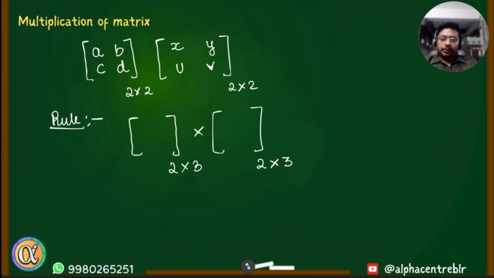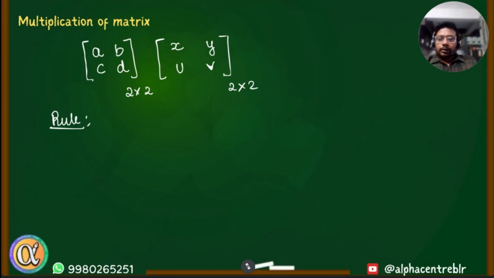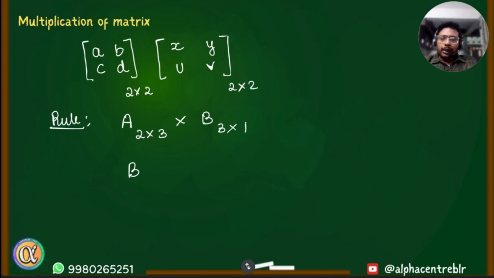No, sir. Can we multiply a 2 cross 3 matrix to a 3 cross 3 matrix? Yes, that's possible. So that means if I have a matrix A, which is 2 cross 3, we can multiply this with another matrix B, which is 3 cross 1. That's allowed. So A into B is possible. Does that also mean that B into A is also possible?